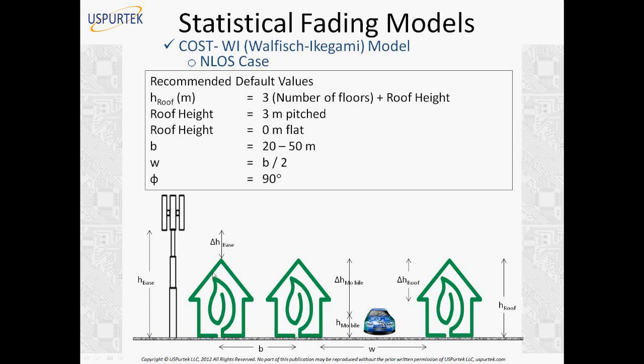In some countries you only find flat roofs, but in others you have pitched roofs, so the roof height will change. Building separation and street width are only estimated values and could change from location to location, but these default values can be used to get an estimate.